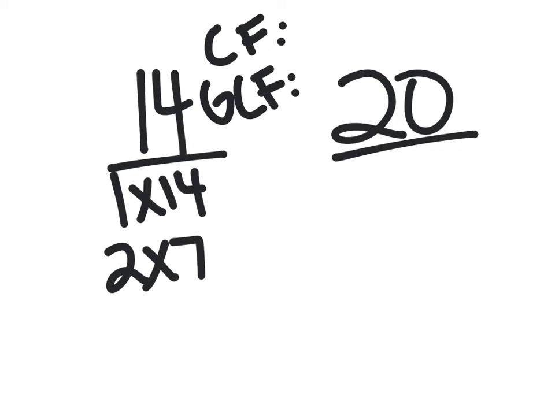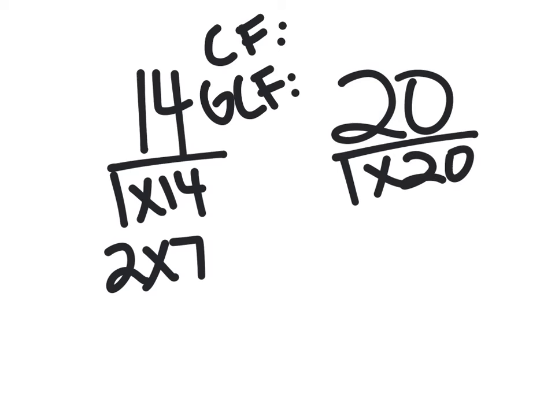I could try 3, I could try 4, I could try 5 and 6. I just don't think those are going to work. As a teacher, I want my students to know facts that well so that they have the confidence to go, hey, I'm finished.